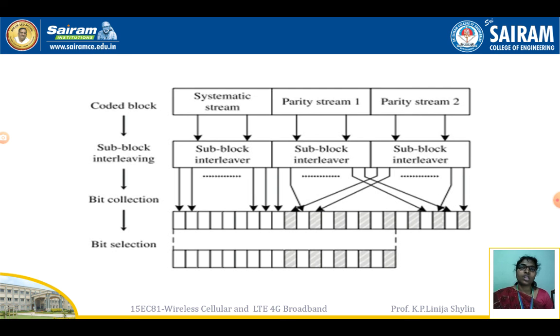Once we have selected the sequence length, it is an efficient way to select the output sequence bits. These are all the processes taking place in the interleaver, bit collection and bit selection.